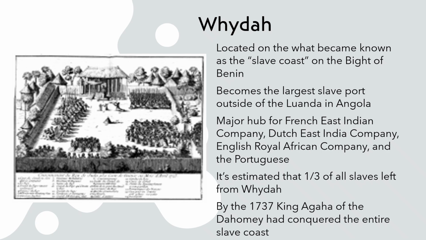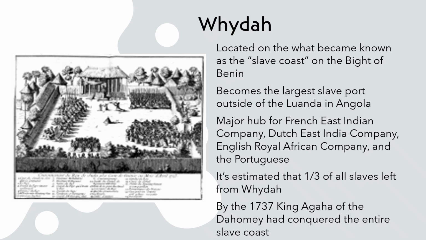So the city of Wada, which was located in the Empire of Doheme, along what comes to be known as the Slave Coast on the Bight of Benin, becomes the largest slave port outside of Luanda in Angola, which is a little bit further south.